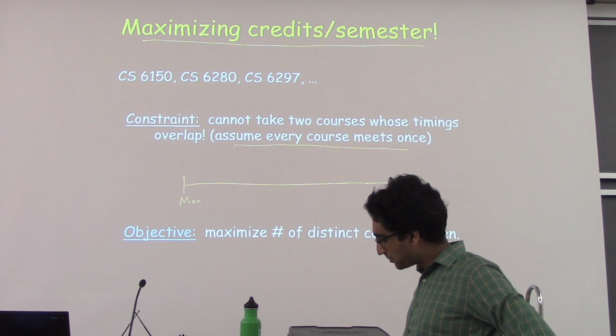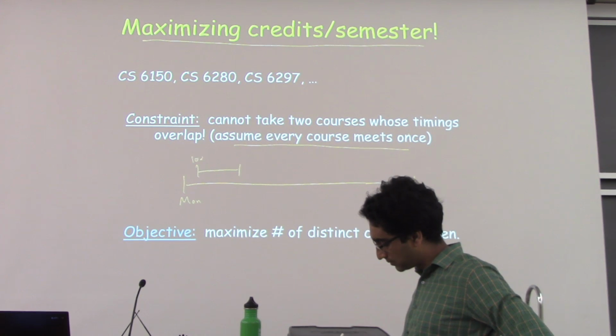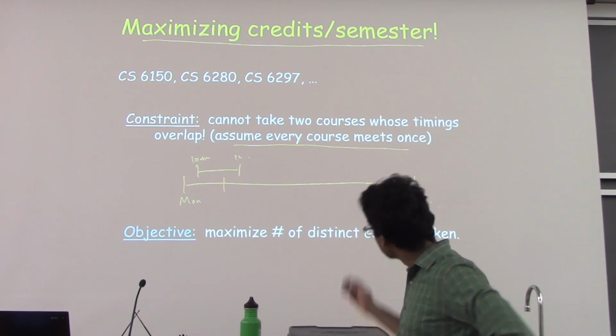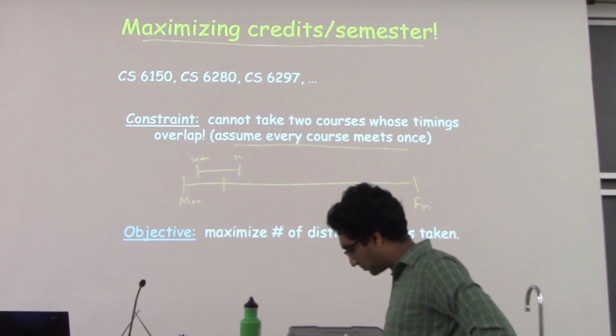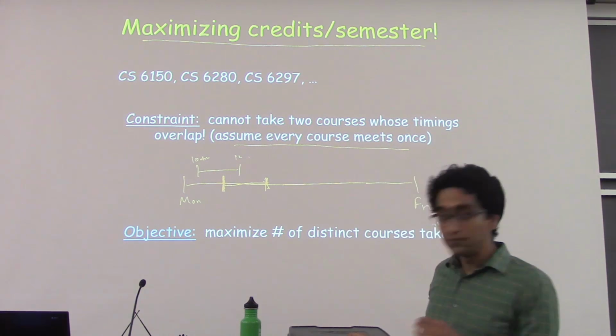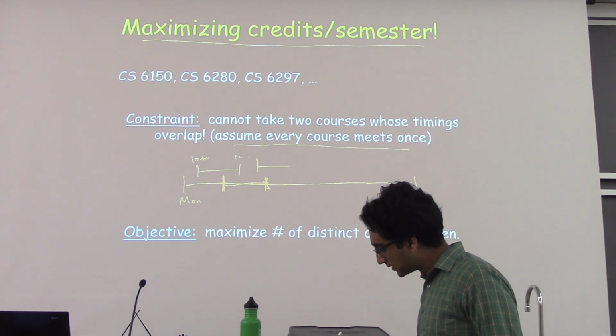So maybe the first class is Monday morning, from 10 a.m. to 12 or something, and maybe some other course starts from 11:30 and goes on till 1:15. You have a bunch of courses which are given.